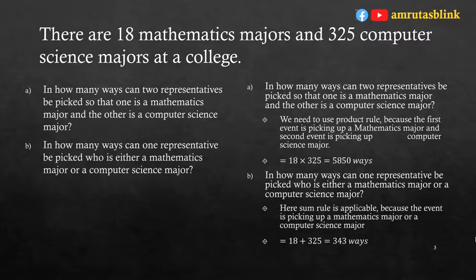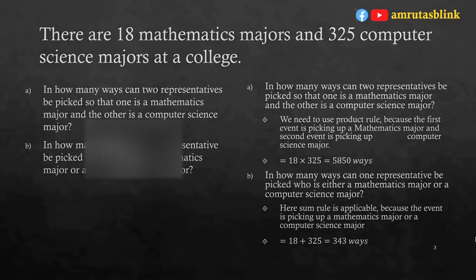So, in this case, we have 343 options. So in the first scenario, we can choose two representatives in 5850 ways, while in the second scenario, we can choose a single representative in 343 ways.